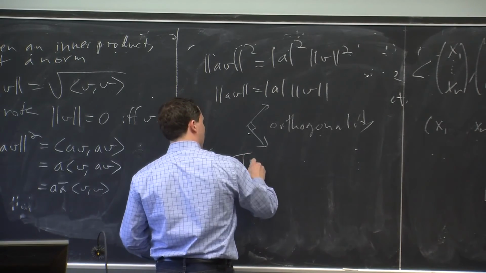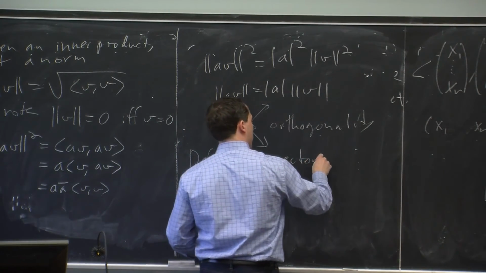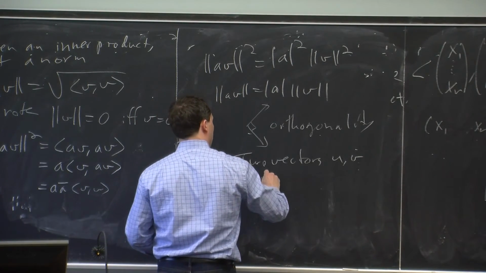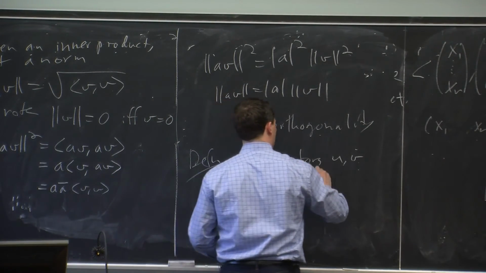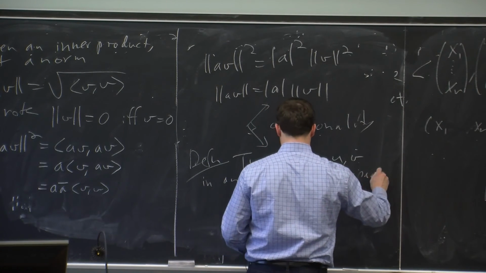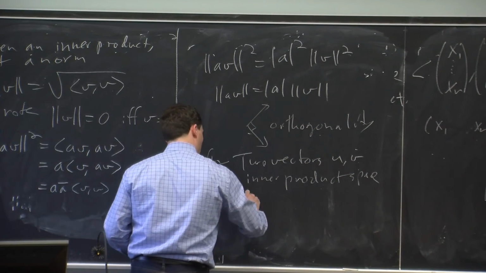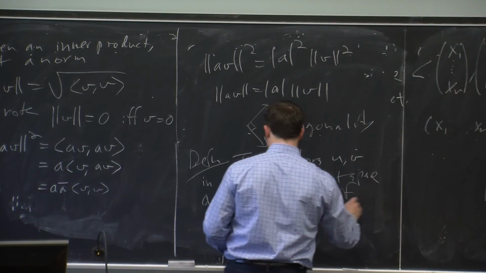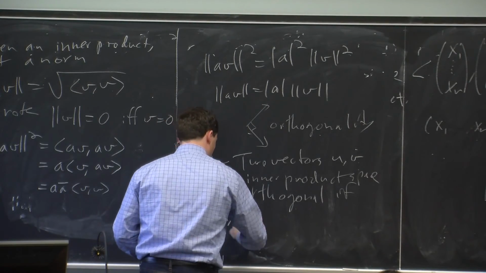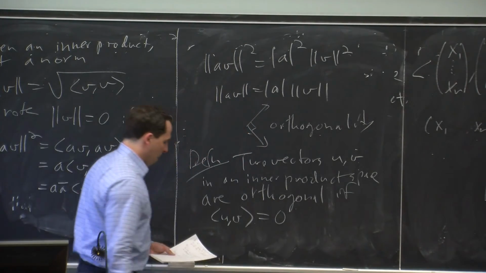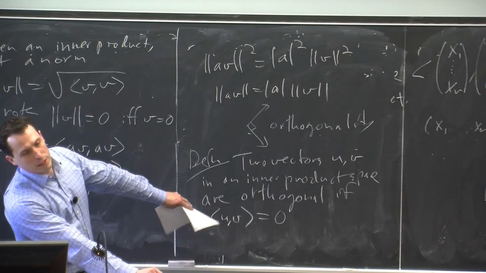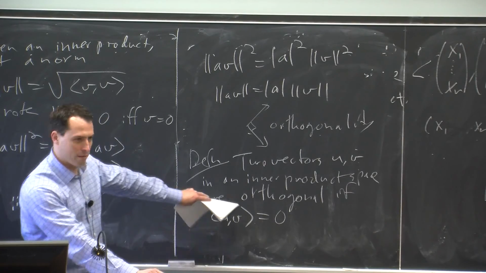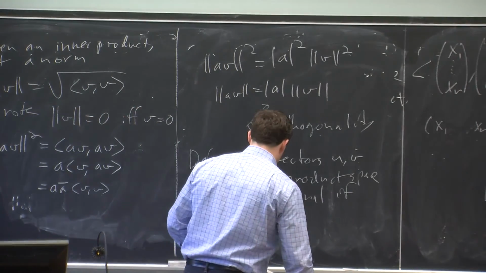The definition is that two vectors, u and v, in an inner product space are called orthogonal if their inner product is 0. And in particular, that definition tells you that 0 is orthogonal to everything, including itself, which is a little odd, but one edge case to keep in mind.